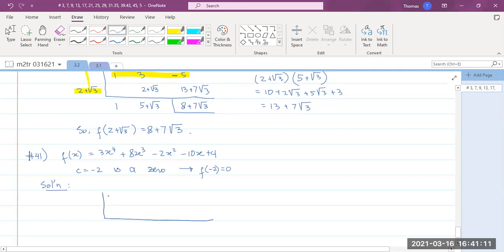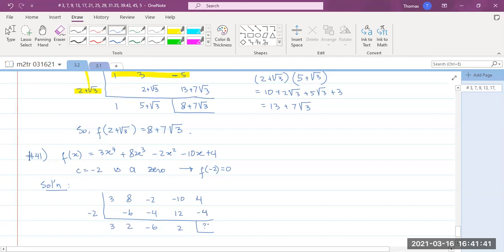Solution. 3x to the 4th, 8x cubed, minus 2x squared, minus 10x plus 4. Negative 2 is a 0, so you put negative 2 there and you try to show that the remainder here is 0. Okay, so 3, negative 6, 2, negative 4. Negative 6 times negative 2 is 12. 2 times negative 2 is negative 4.